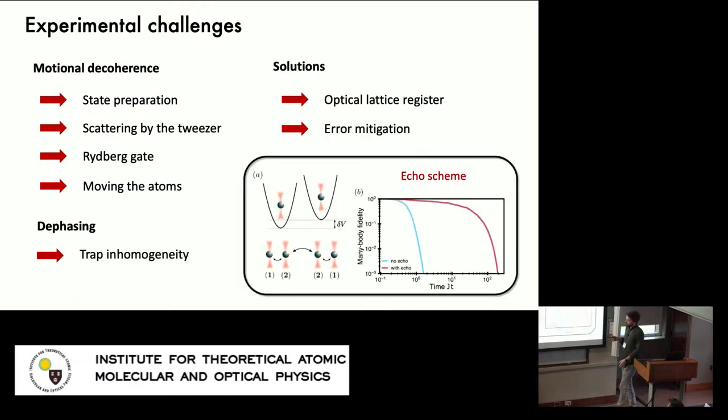Another thing that we briefly discussed in our paper is to use simple error mitigation schemes. For example, for trap inhomogeneity, also in Misha's group, people have thought about shuffling tweezers around to, in an echo-like fashion, cancel out these inhomogeneities to first order. But I guess everybody in the room has something else to add to this list.